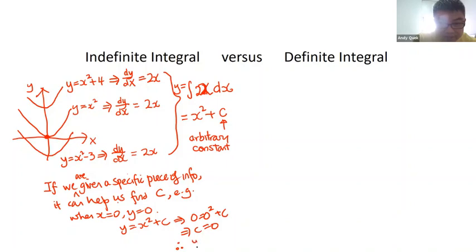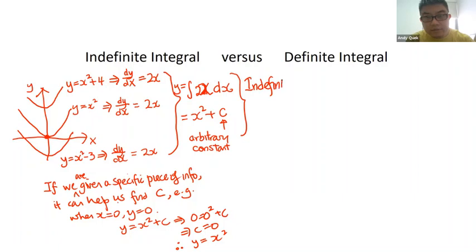So we have a specific graph in mind, which is y equals x squared. Without that specific piece of info, what we are doing here is what we call an indefinite integral.